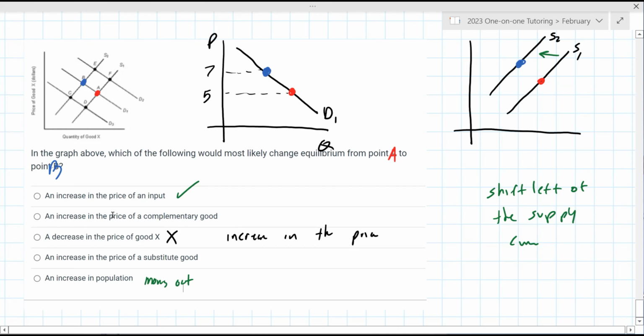Increase the price of complementary good. See that one's tough for me because that does not affect X, because you're only looking at the good X, I suppose. And same thing with the substitute, it does not affect. So that would be my best answer here for this.